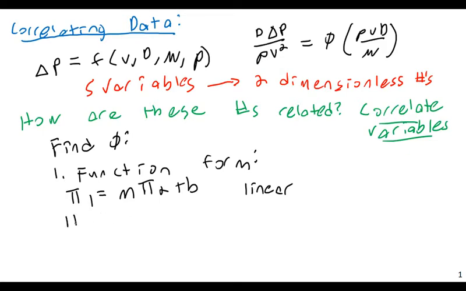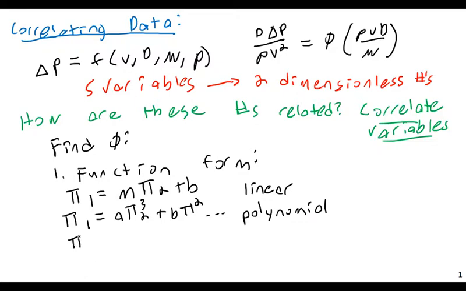You could have something like pi 1 equals a times pi 2 to the third, plus b times pi 2 squared, dot, dot, dot. I would call this polynomial. There could be a polynomial correlation. You could also have something like pi 1 equals a times the log of pi 2 plus b, and this would be logarithmic.